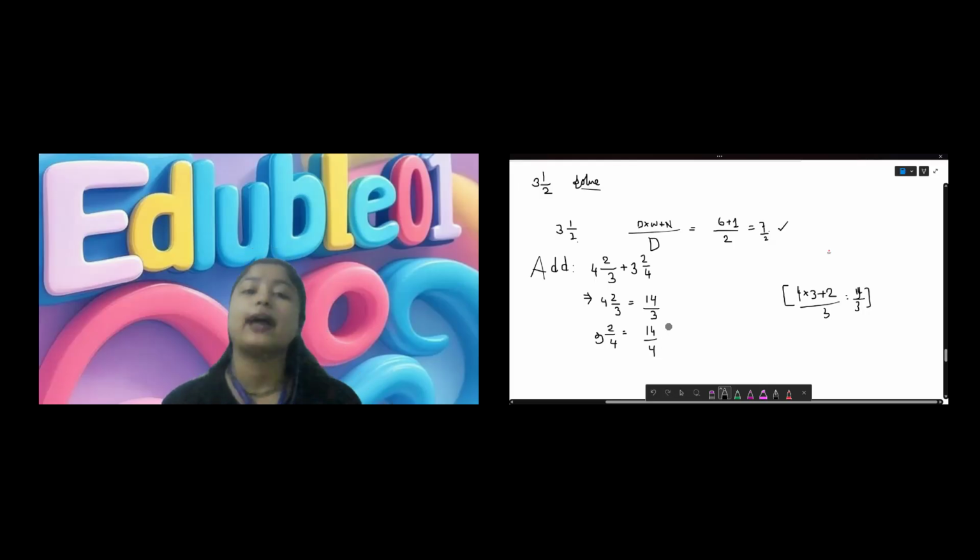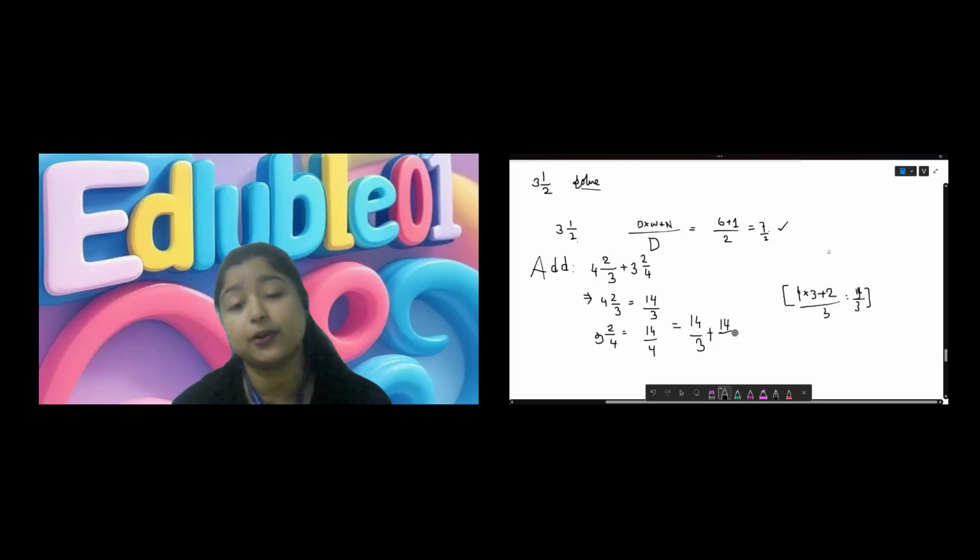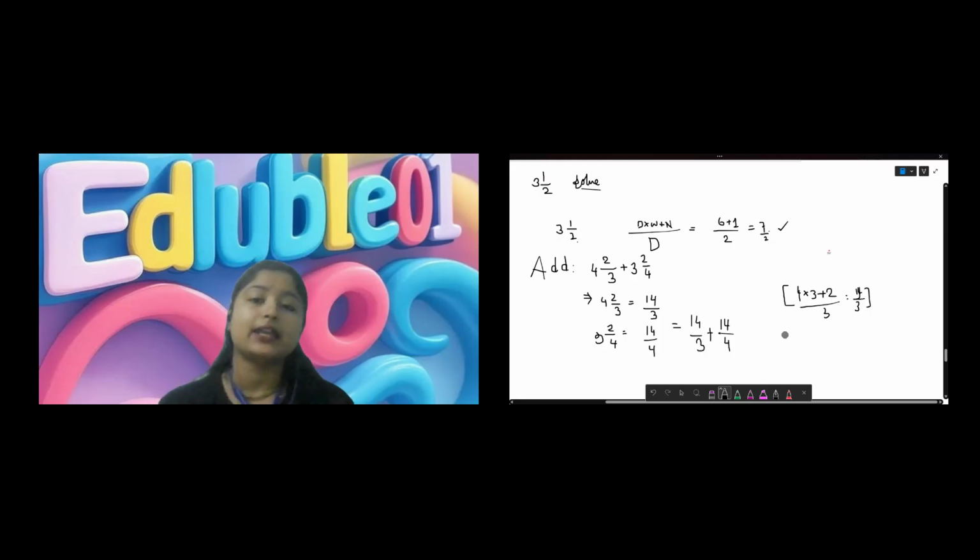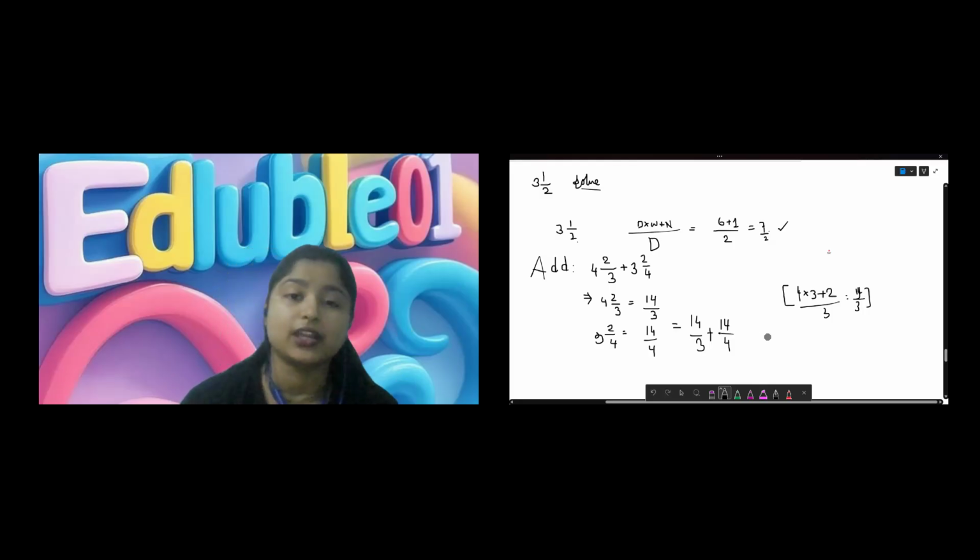Now, you just need to add these unlike fractions, that is 14 over 3 plus 14 over 4. Now you know how to add unlike fractions, right? You need to change the denominator. And how are we going to do that? You just multiply it with the other denominator and you're good to get the answer.